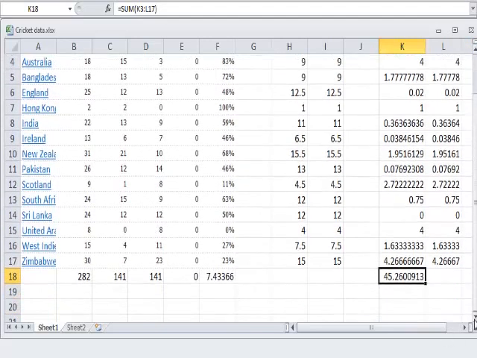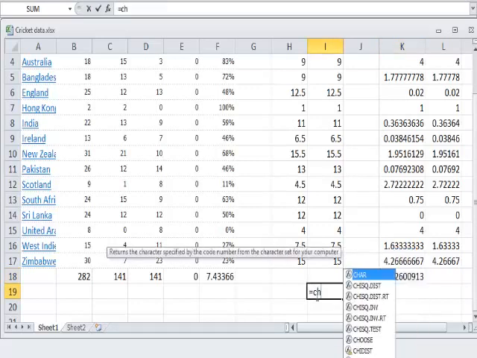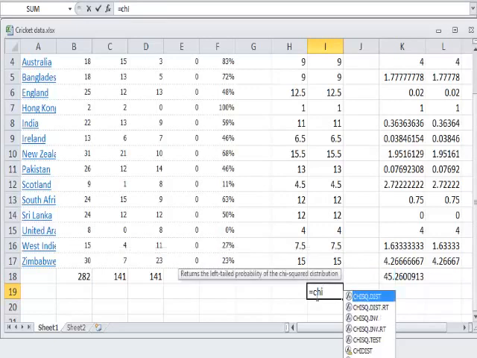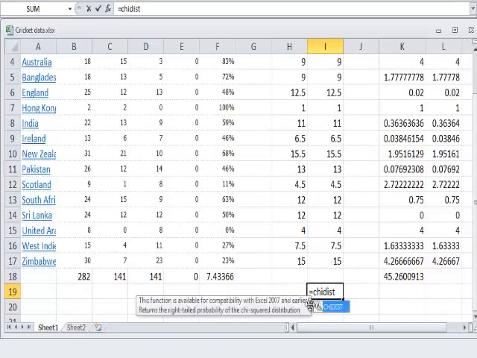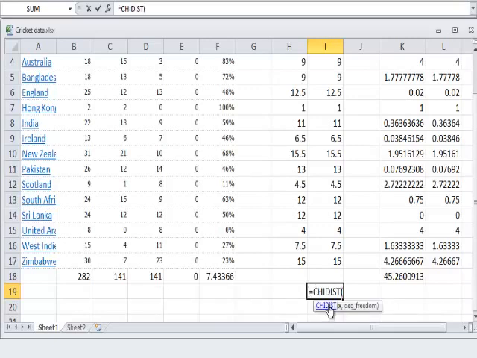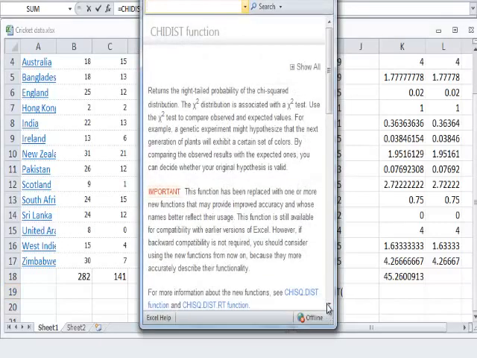So we look at equals chi-test. Now I want to make sure that this is the right number. Okay, right-tailed probability. So this is the probability of being bigger than or equal to this number.